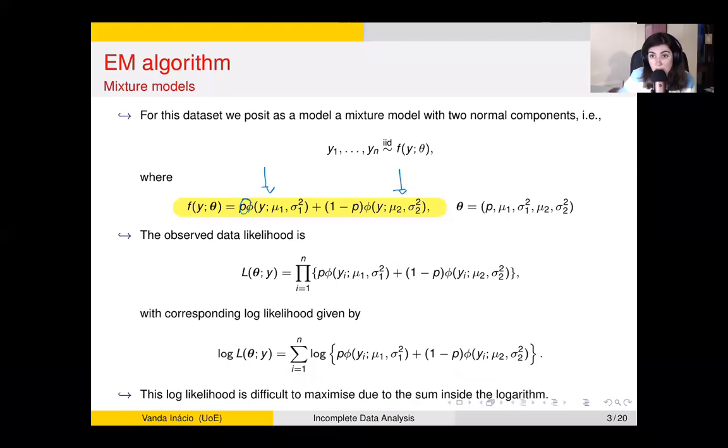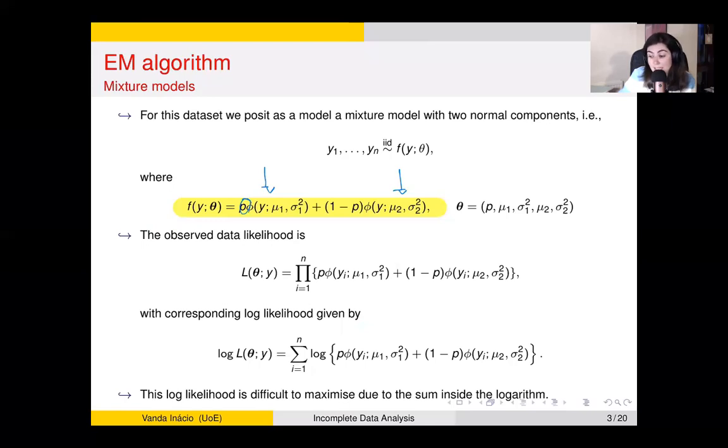But something that we can immediately notice is that in my log likelihood, I have the sum of the logs, and inside the log, I have the sum of two distributions, right? I have the first and the second component, and the log of the sum is not the sum of the logs, and so my maximization is not trivial. And that's where the EM algorithm comes in.